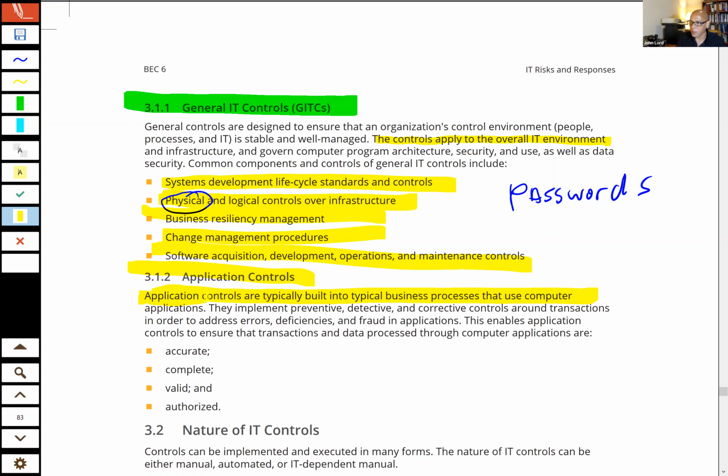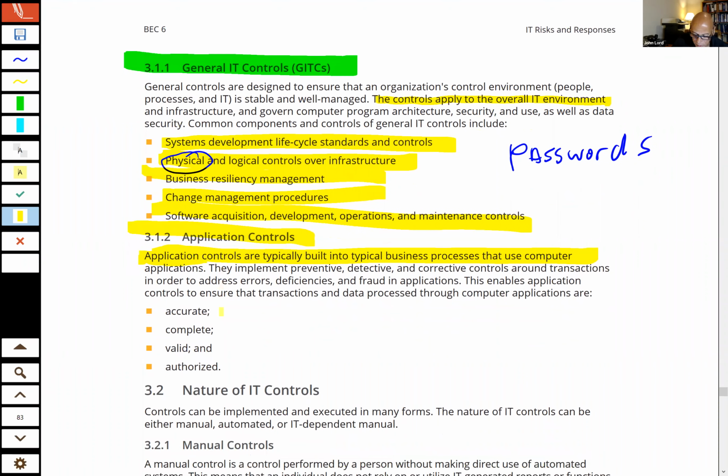We only want individuals that absolutely have a necessity to see that data to be able to get in. We may put some sort of limit on the amount of any one payroll check. No payroll check should exceed, and we'll pick the top paid individual, and no paycheck should exceed that amount. Okay, so those are examples of what we try to do with application controls. They're at a lower level, such as payroll.